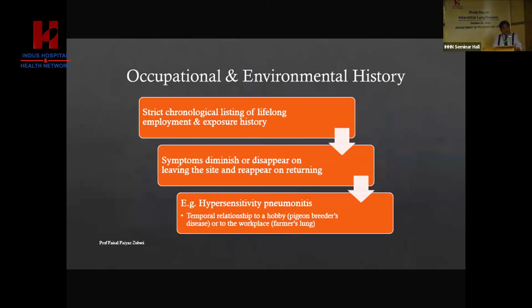Another very important aspect one has to ask in the history for the diagnosis of ILD is occupational or other exposures. In the occupational history, one has to ask for the strict chronological order of all the occupations which that gentleman or lady had, not one occupation.